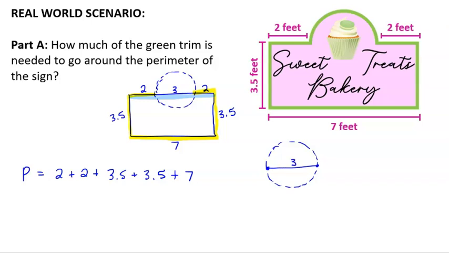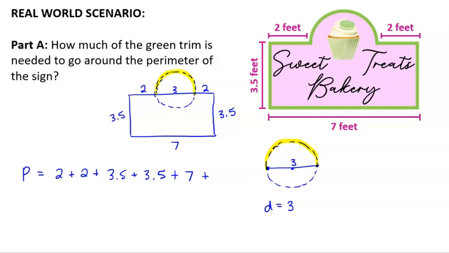And so with my circle, I know that the diameter is 3. So now I can use that to find this top piece of my sign.